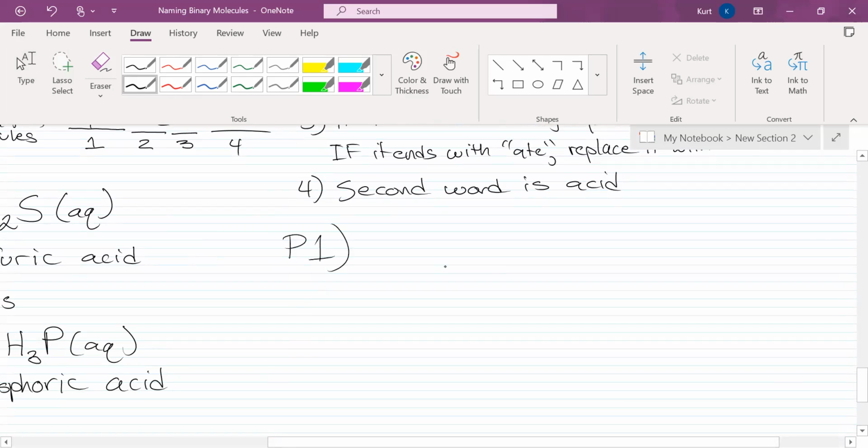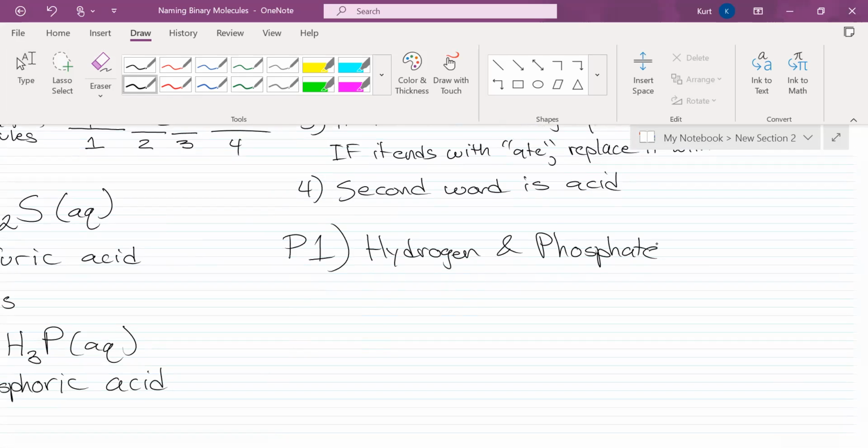Practice number 1. Hydrogen and phosphate. I told you yesterday when I was in high school, I was a summer camp counselor, YMCA. They gave me all the older kids, the 5th graders, and I said, you guys want to see something cool? You put an earthworm into soda, it'll dissolve. Why does it dissolve?